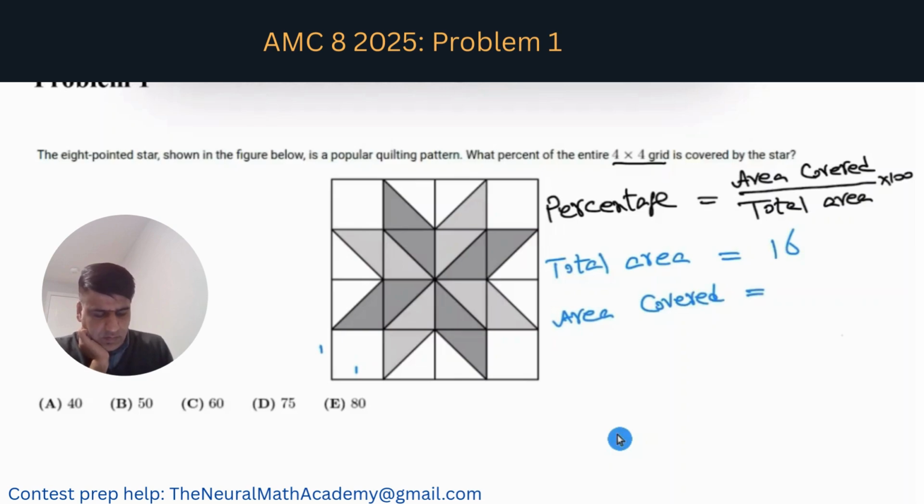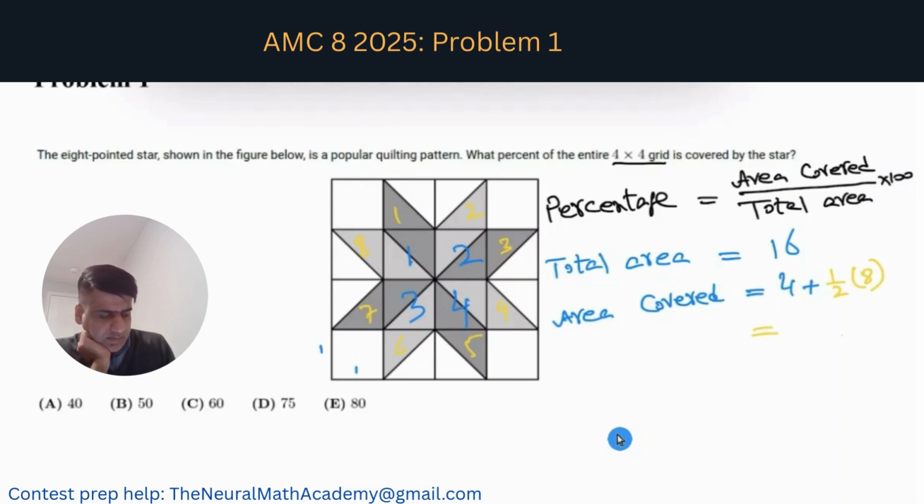So that is now 1, 2, 3, 4. So I have 4 full squares, plus I see that I have 1, 2, 3, 4, 5, 6, 7, 8 half squares. So I can write it like this.